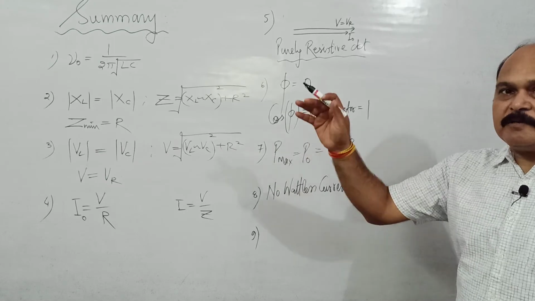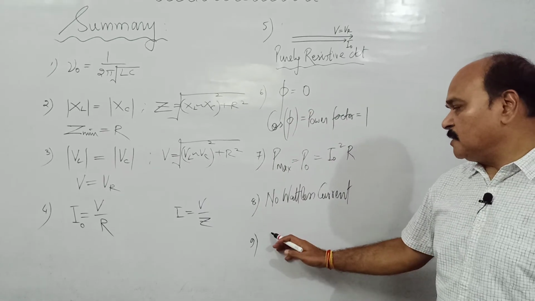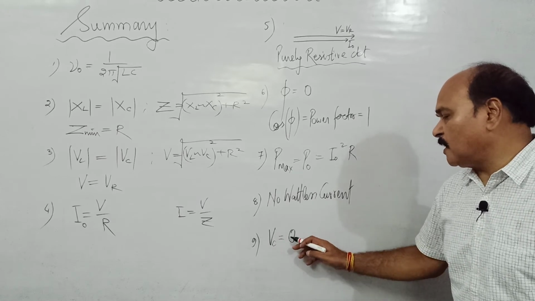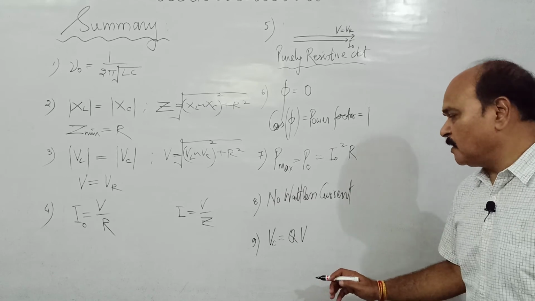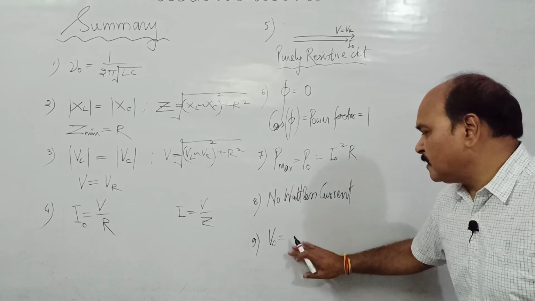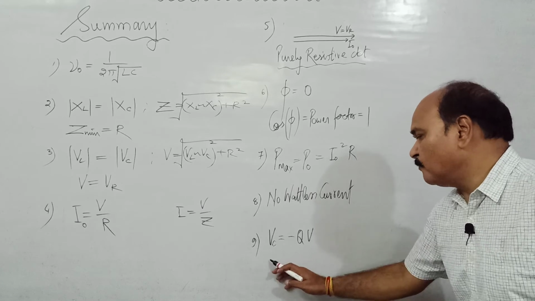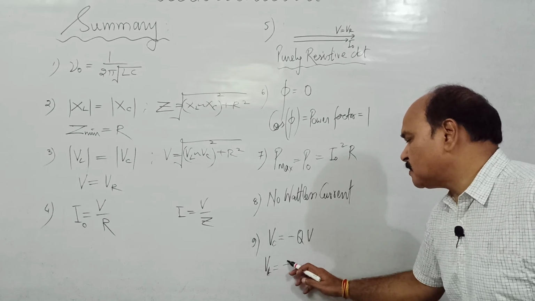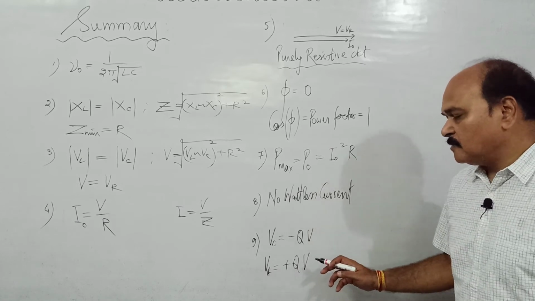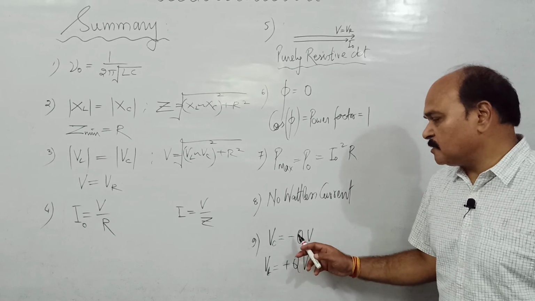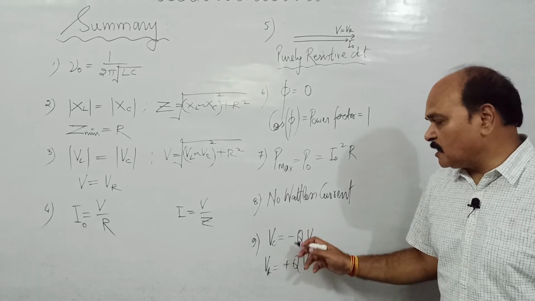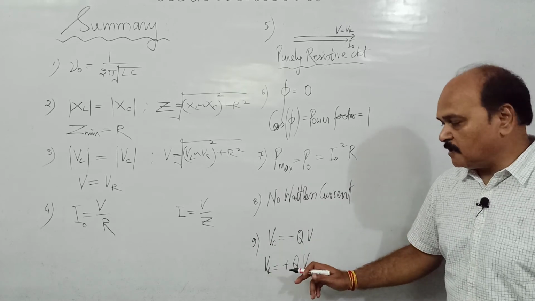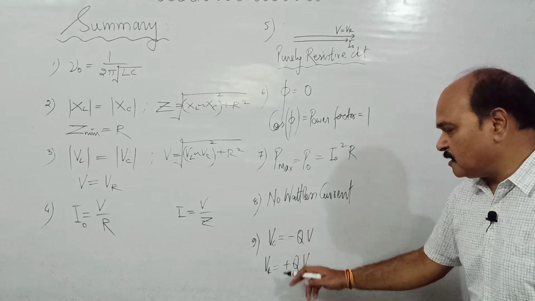But if we individually find out these voltages, we get the voltage across the condenser equal to Q times V applied, and we can write a minus sign here, minus Q times V, and the voltage across the inductor is equal to plus Q times V. I have written plus and minus because VC lags behind current by phase 90 degree, and VL leads over current by phase 90 degree. Their algebraic sum comes out to be 0.